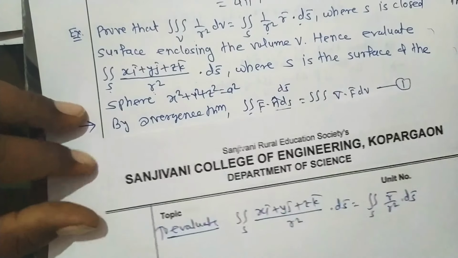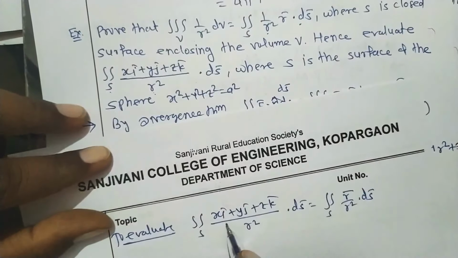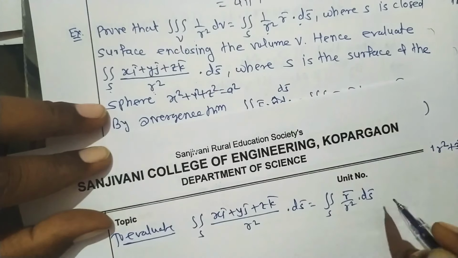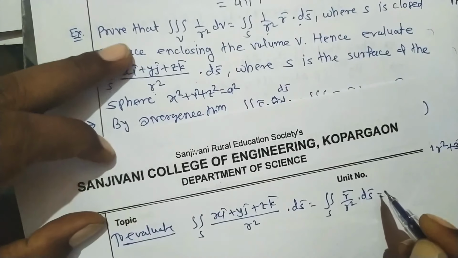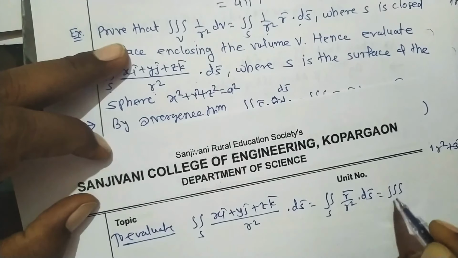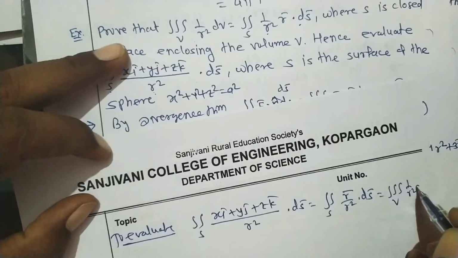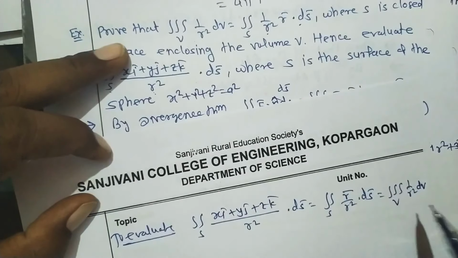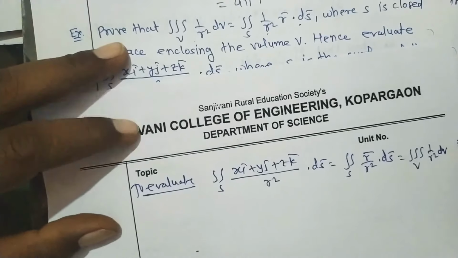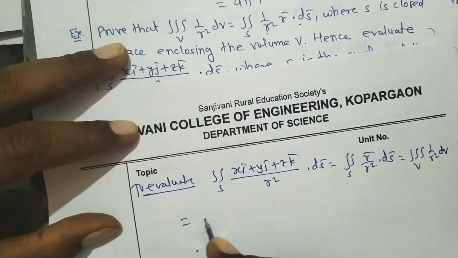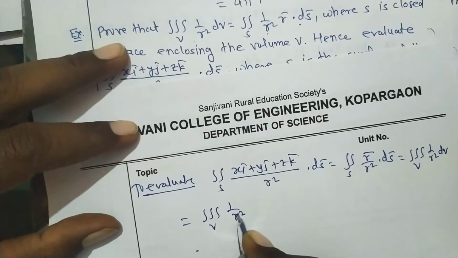We have to find the value of this integral because we know that r bar equals x i bar plus y j bar plus z k bar. So r bar upon r square dot ds bar, what is the value of this? We just proved it. This is equal to the triple integral over v of 1 upon r square into dv. Means simply we have to find this triple integration.